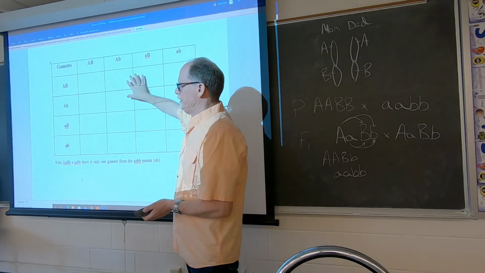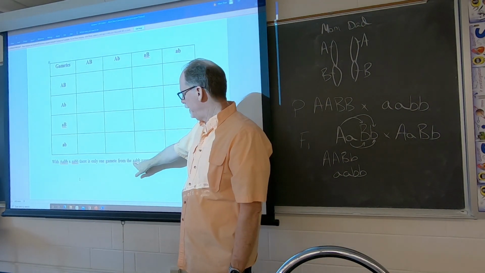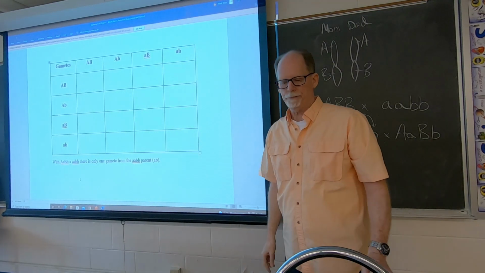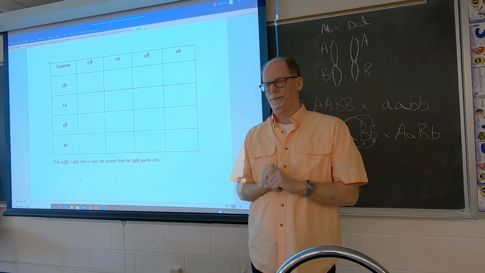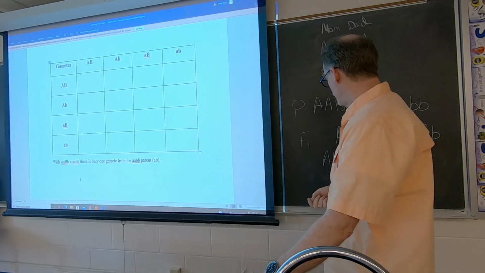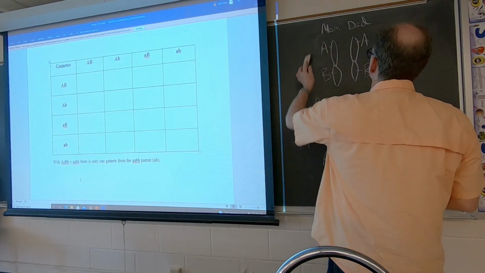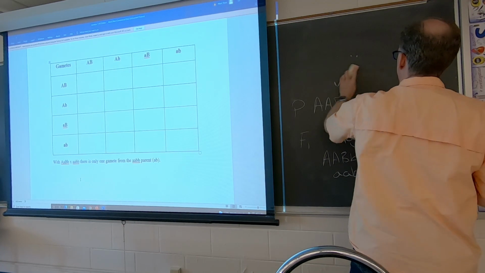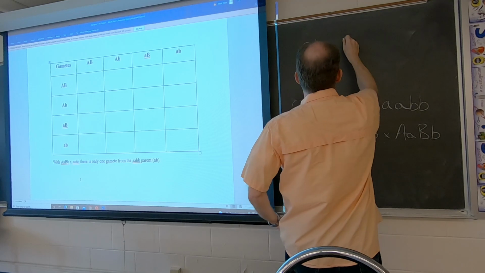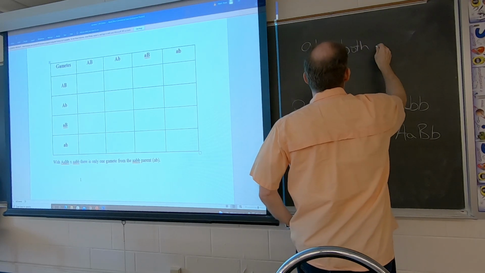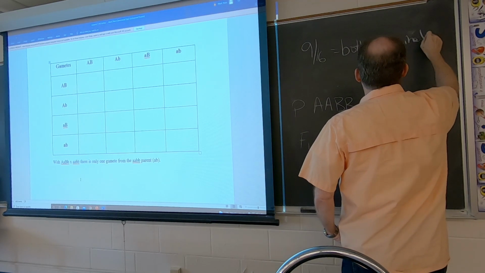One of the 16 squares is little a, little b, and that means they show both recessive phenotypes. And I explained in class that 9 of the 16 squares, or 9/16, show both dominant phenotypes.